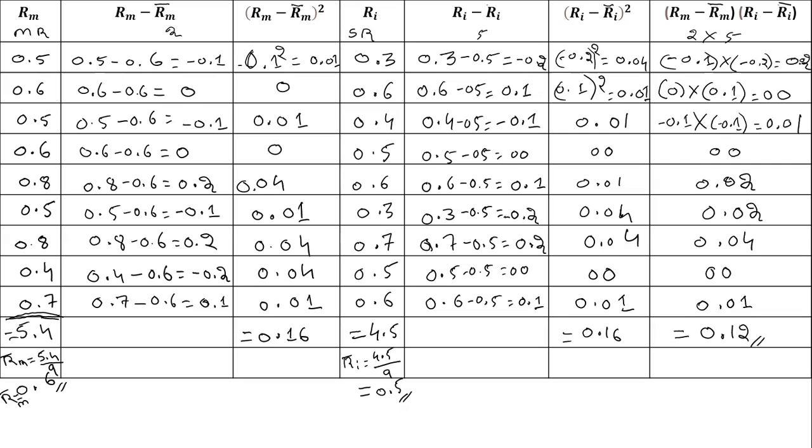Now we will move to calculate the beta. To calculate the beta, this is the formula we are using. Beta is equal to summation Ri minus R bar I into Rm minus R bar M, that we have already calculated, divided by summation Rm minus R bar M bracket square. So let's calculate beta for this.